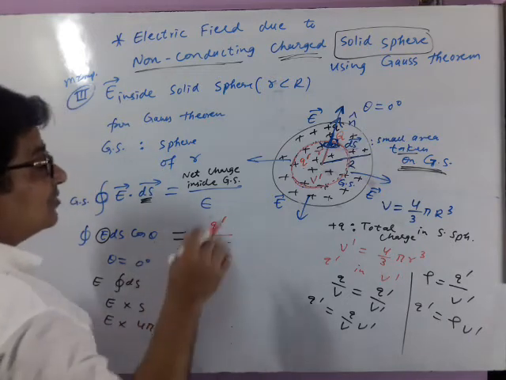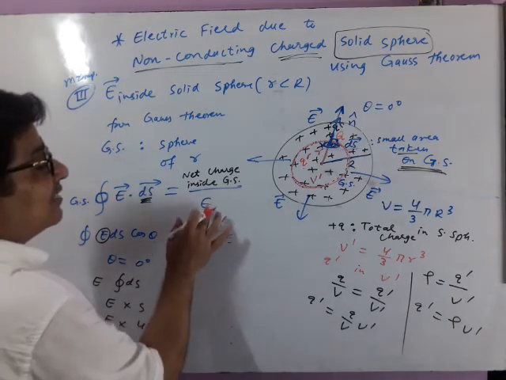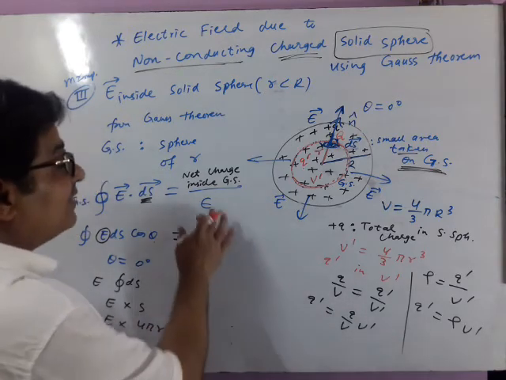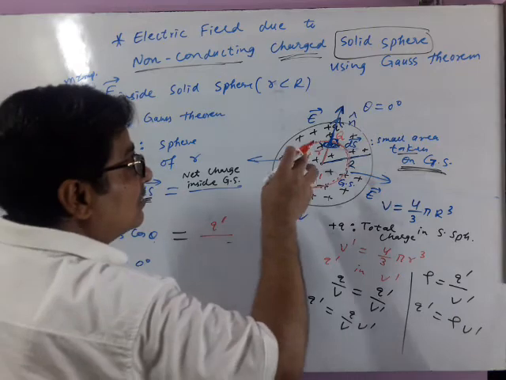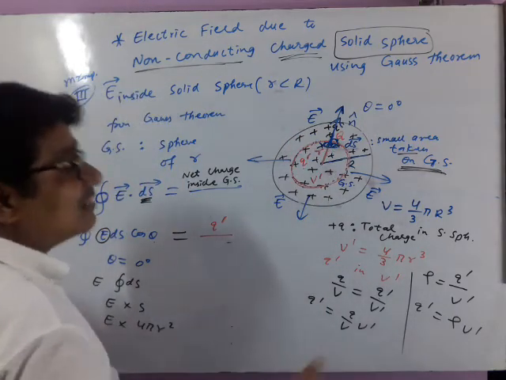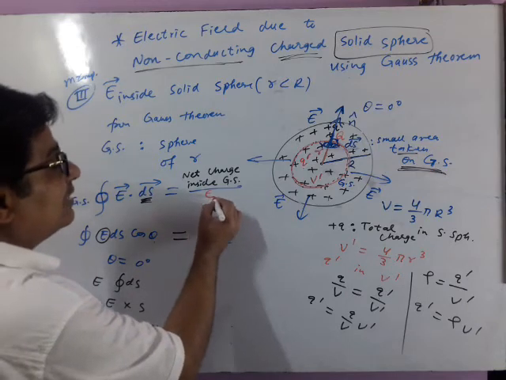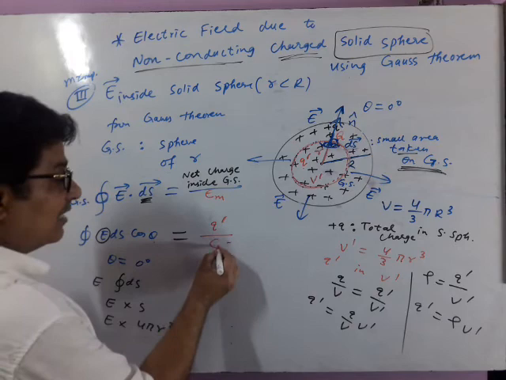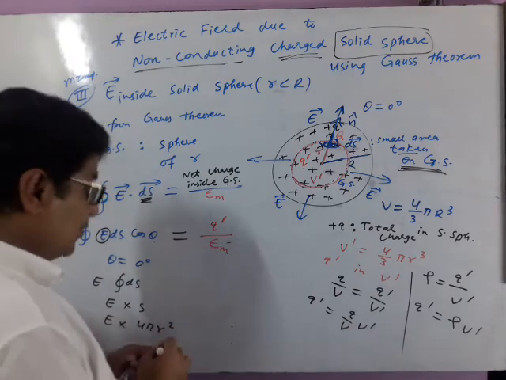Point number 1: generally we write divided by epsilon naught when it is air. Here we are within the solid sphere, where there is some other material, so we will write the electrical permittivity of that medium, epsilon m.